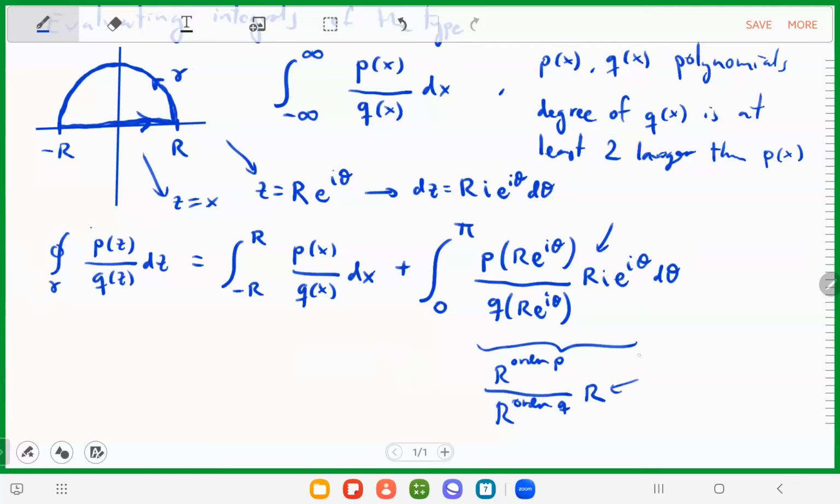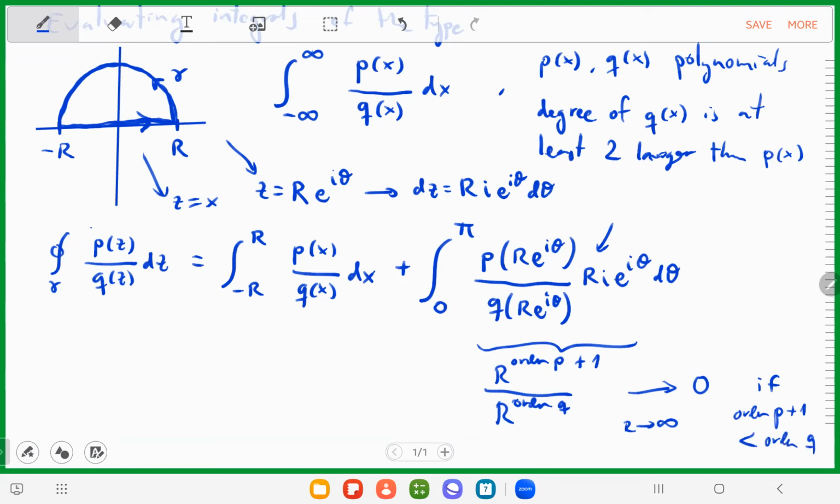We can put this as order of p plus 1 here, and this will be a number with a modulus that goes to 0 when r goes to infinity. Of course, if the order of p plus 1 is less than the order of q.